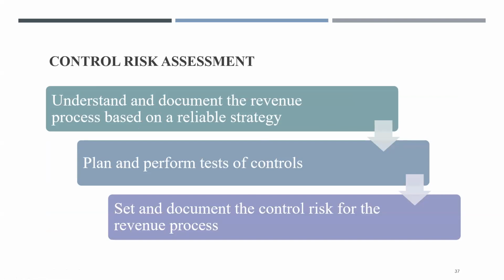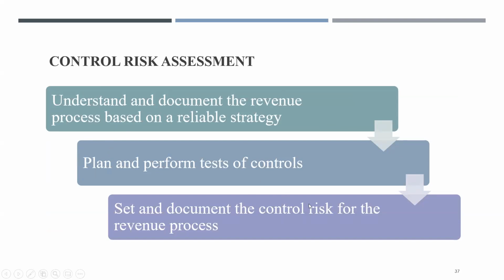Remember, we just went through the key control documents, key control processes, and the key control points in different steps. That was for us to understand the revenue process. So based on that understanding, you are going to evaluate the control risk.